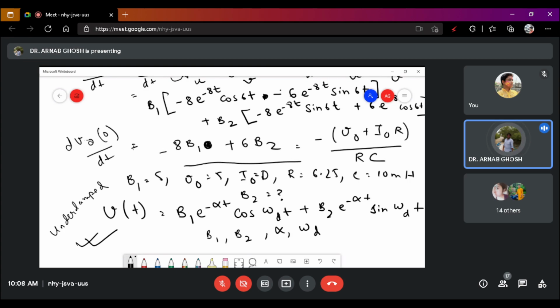See if this numerical is clear to you. This is one numerical that I have solved. This will help you to go through all the conditions, or how to solve for your underdamped, critically damped or overdamped condition. Please see if there is any other doubt.